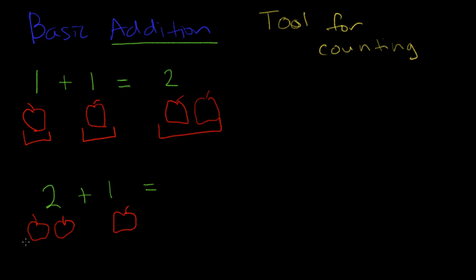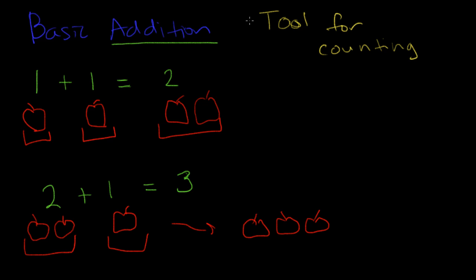Okay? So I've got 2 and then 1. And if I were just to count this, I'd have 1, 2, 3. So if I come over here, then my new group is a group of 3 apples. So the answer to our equation here, 2 plus 1, is 3.